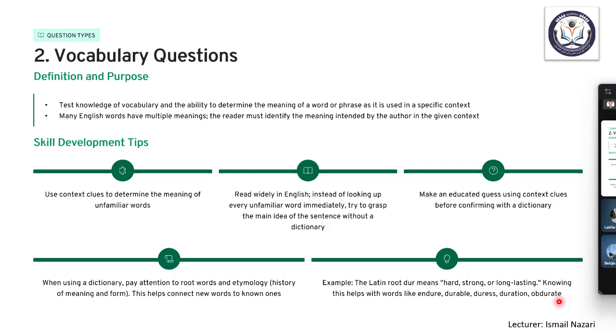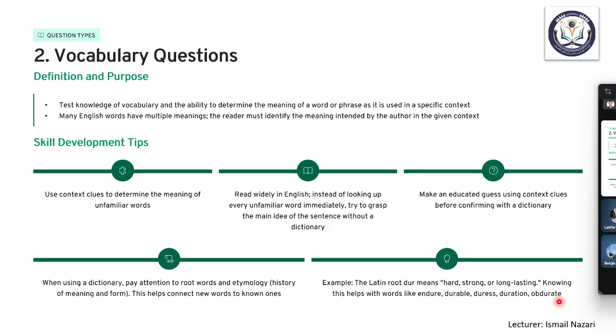So for overall skill development, we can use any of these ways. Using context clues to determine the meaning, reading English books especially. And while we're reading, we should not look up every word in the dictionary. We can just guess the words according to the context.